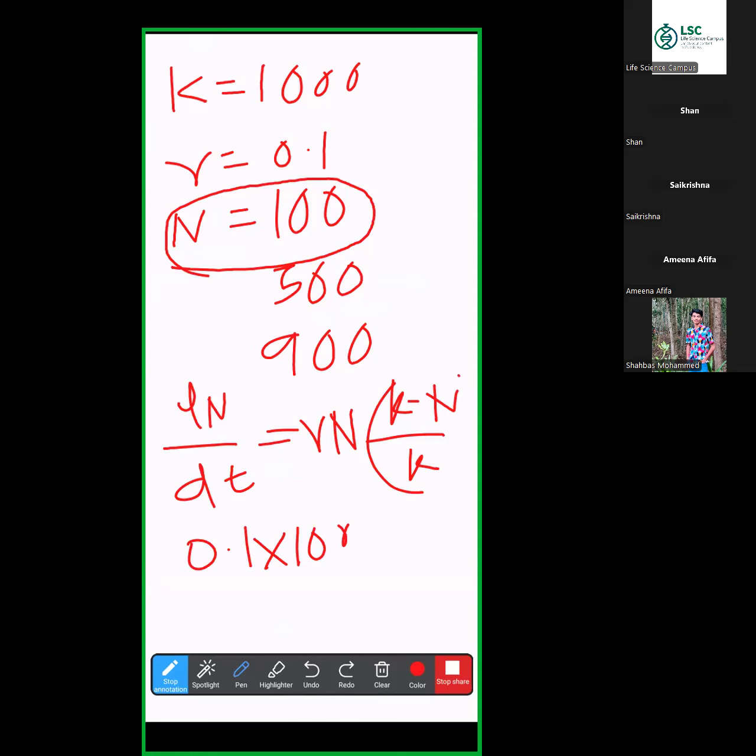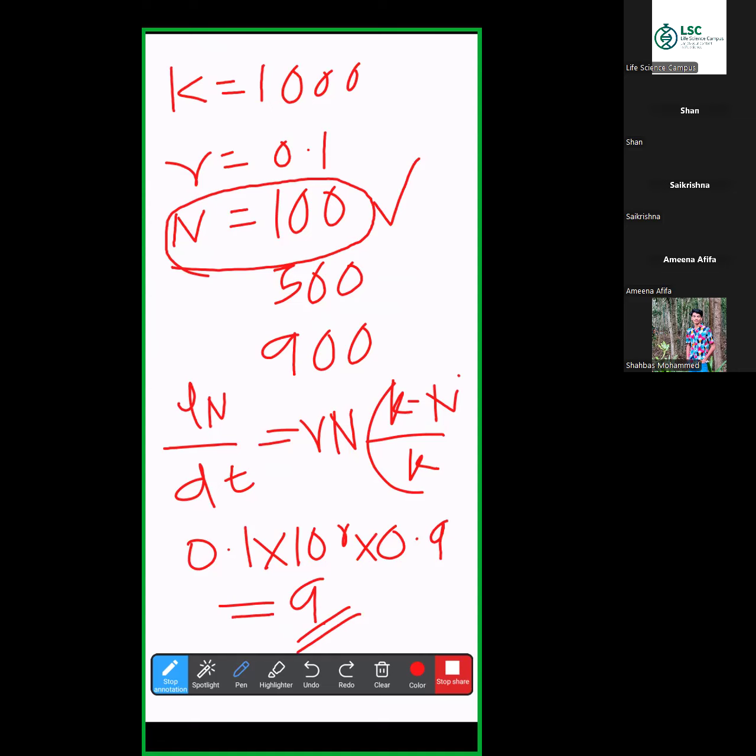So 1000 minus 100 is 900, divided by 1000 is 0.9. So 0.1 into 100 into 0.9 is 9. So when the initial population size is 100, the rate of change of population size is 9. Nine individuals will be added to the next generation.